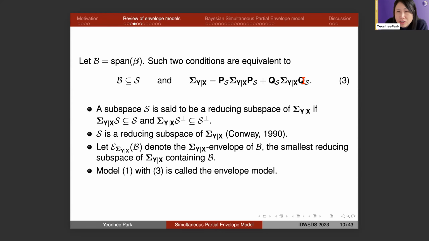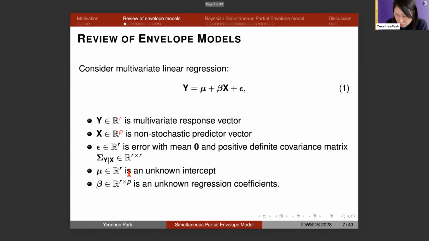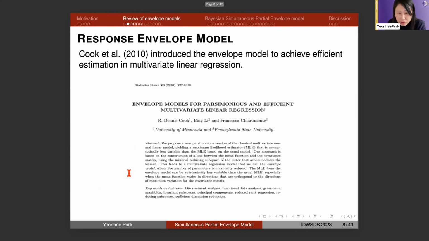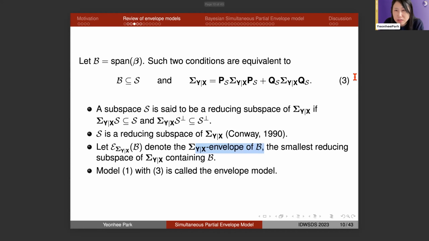Of note, with such a special structure of sigma, Conway says that the space S is a reducing subspace of sigma Y given X. And Cook and his colleagues define the sigma envelope of the spanned space by beta as the smallest reducing subspace of covariance containing the spanned space by beta. So they say that standard model with two conditions expressed in the equation 3 is called the envelope model.